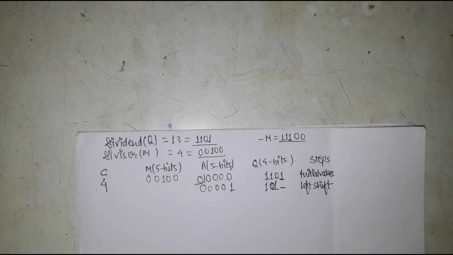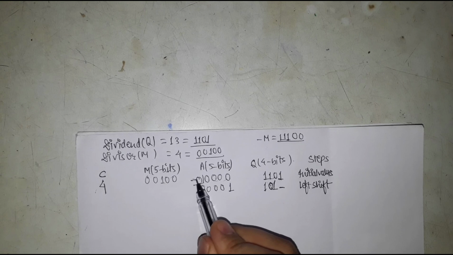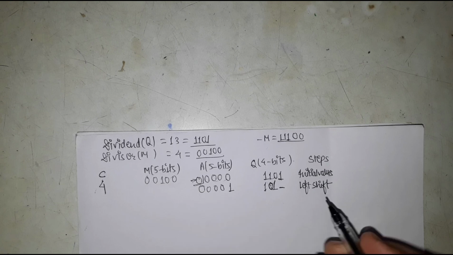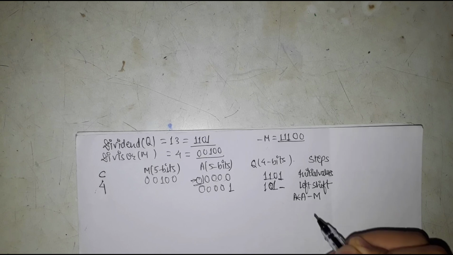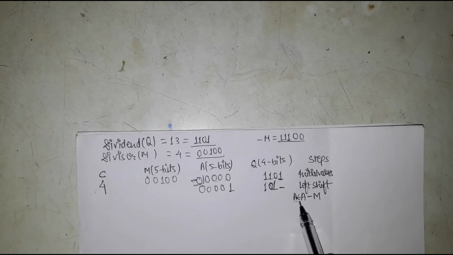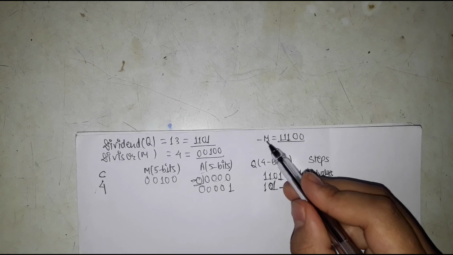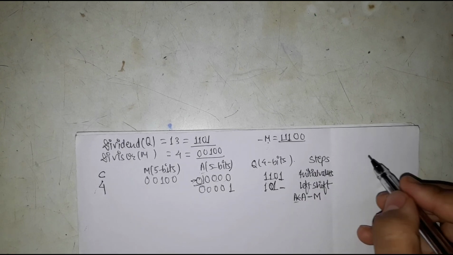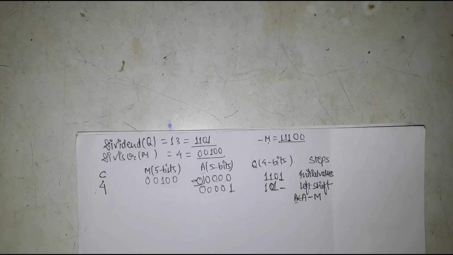It will disappear. Right after you do this, you'll have to check the first digit of the accumulator. If you encounter 0 over here, you'll have to perform A minus M and put the value of A minus M in the container A. This is why we calculated minus M. The actual reason is that binary subtraction can be done, but it can be a tiresome process and will be a little longer.